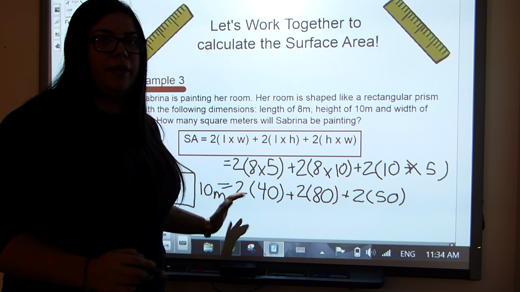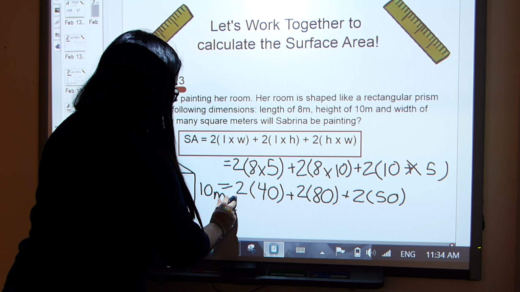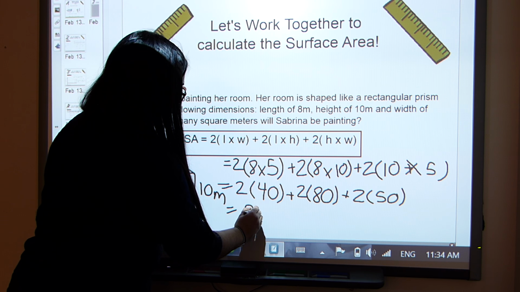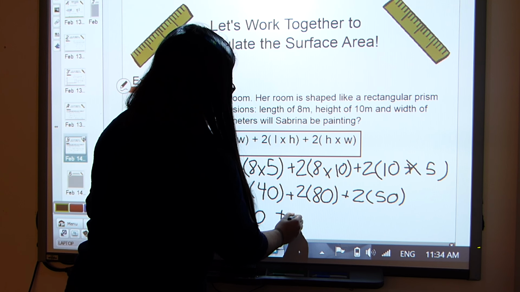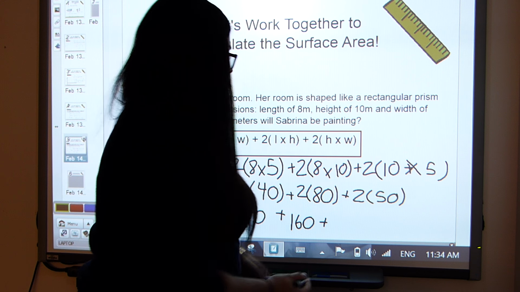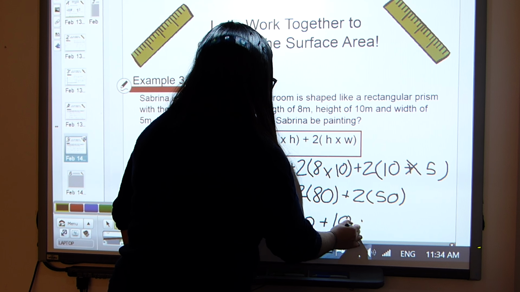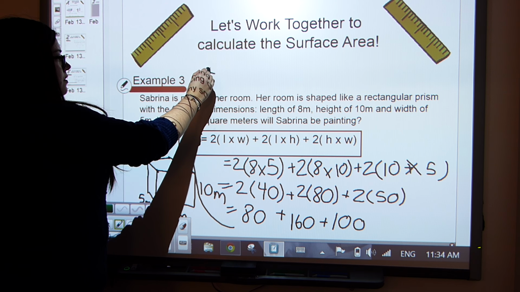So again, multiply the 2 into each of the brackets. So 2 times 40, 80. 2 times 80, 160. And 2 times 50, 100. Okay? So we're just going to bring the answer up here for more space.